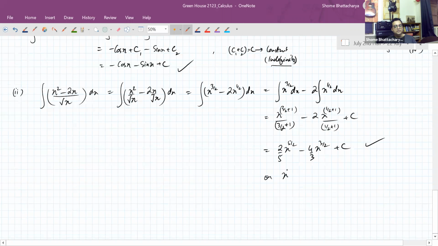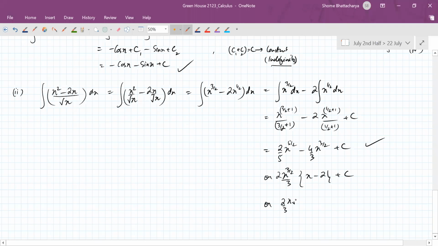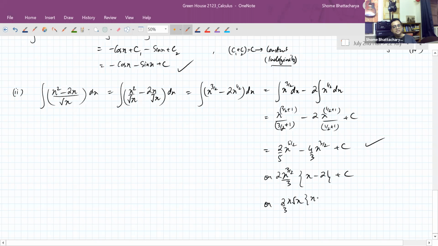So you can take, for example, x to the power 3 by 2 common. So you will have x minus 2 plus 3. But this is all basically just expressing it in a different way. The answer is correct as far as this is concerned.